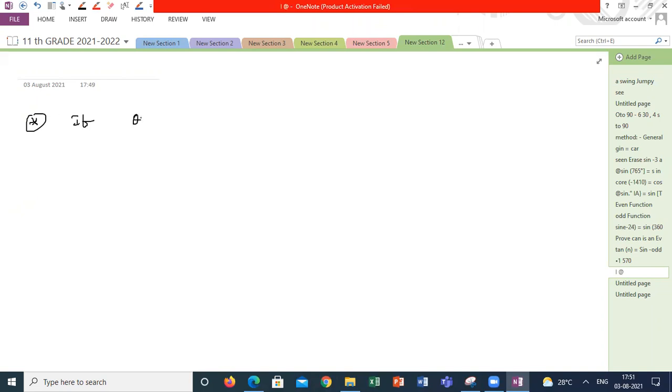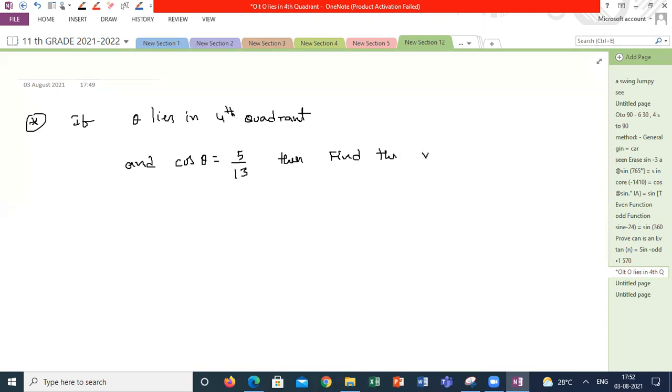If theta lies in the fourth quadrant and cos theta is equal to 5 by 13, then find the value of (13 sin theta plus 5 tan theta) divided by (12 cot theta minus 5 secant theta).